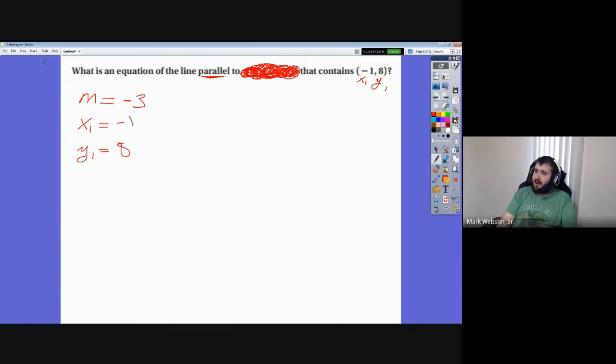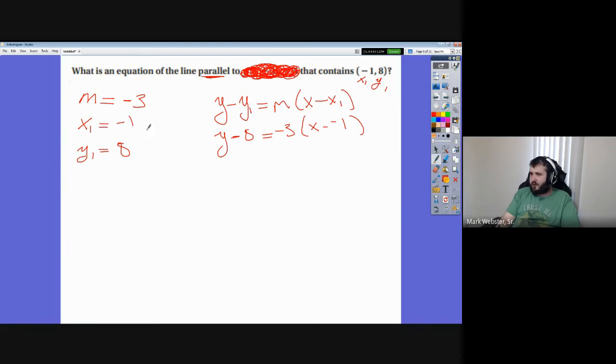Point slope form time. Y minus y1 equals m times x minus x1. Let's plug it in.